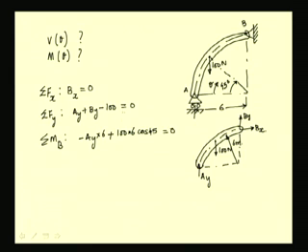So, from these two equations we can find AY and BY. Now, after we have found these external reactions, we can move on to determine the internal forces.